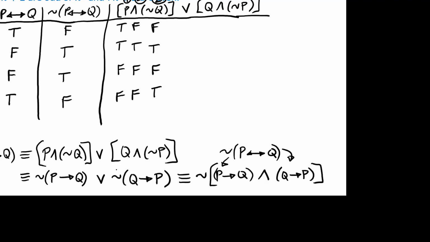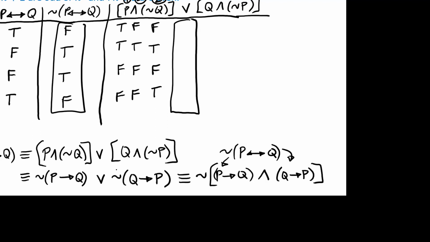Then I'm going to go over here. This would be 4, 5, and then 6. And then lastly, I'm going to come back and get column 7, which will be the final column, and I'm going to compare that with this column right here. So column 4, Q, is true, false, true, false. Not P is false, false, true, true.